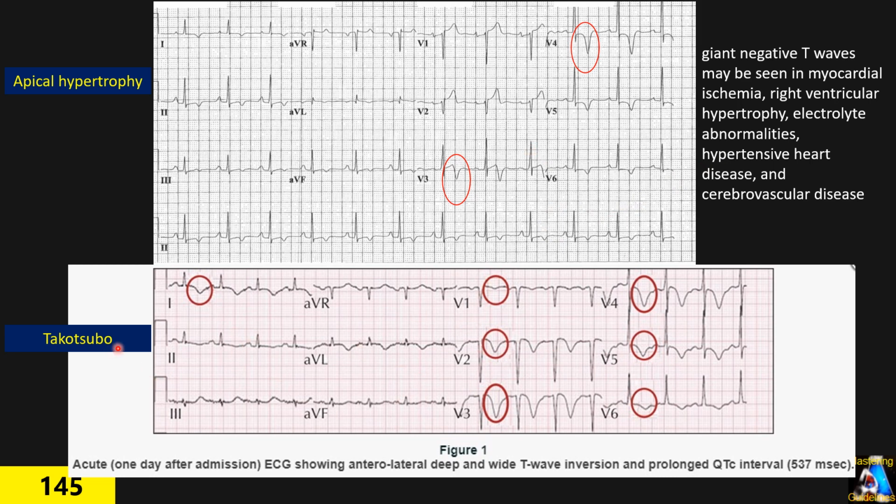In this case, for example, you can see a patient with apical Takotsubo had giant negative T inversion in the precordial leads too, or you can see it in right ventricular hypertrophy or electrolyte abnormality, and so on. So the giant negative T wave is not diagnostic.